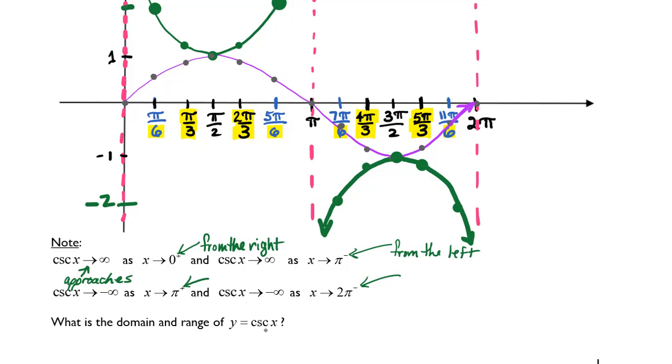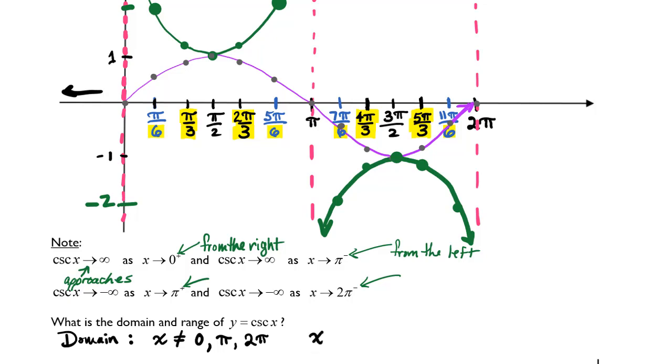So you should ask yourself, what is the domain and range of the cosecant of x? We can say that the domain is all real numbers except x cannot equal 0, pi, 2 pi. And can you think of a way that you could express this? Because this continues to repeat as we move to the left and to the right on the x-axis.